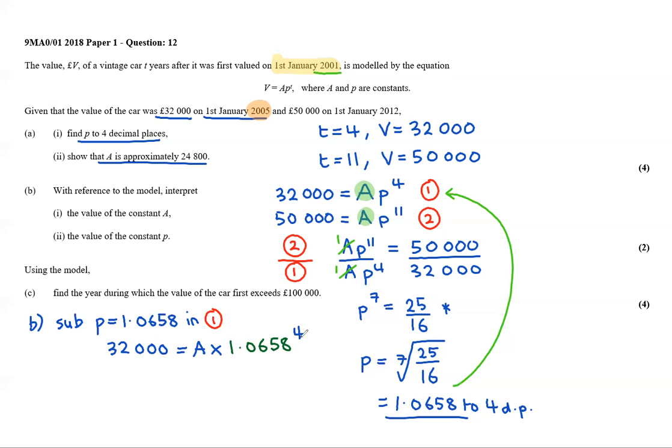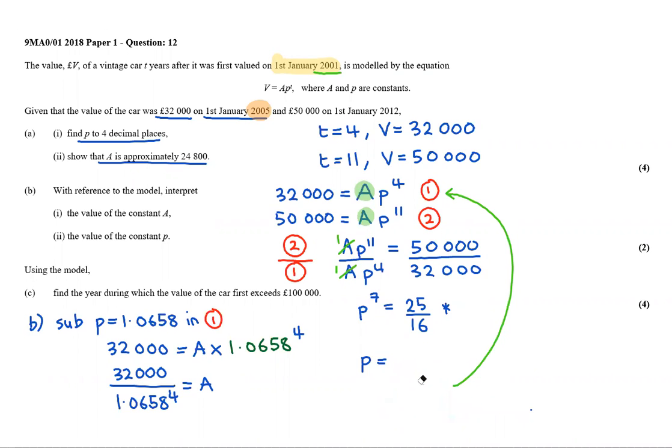So to get A, if we take the 32,000 and divide that by 1.0658 to the power of 4, we should get an answer. Now, it says show that it's approximately 24,800. No problem. We'll just erase some of this so we've got a bit more space.